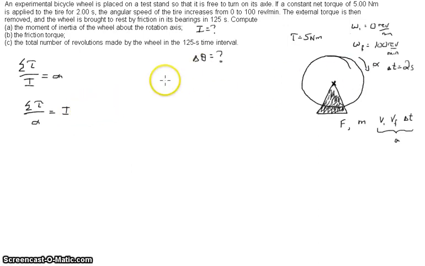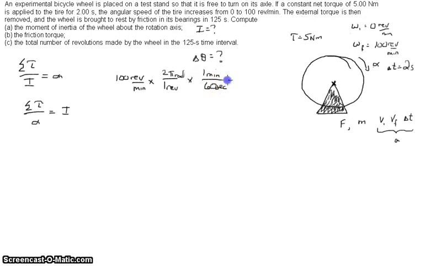Alright, so the first step here is to convert the 100 revolutions per minute into a radian value. So I'm going to have 1 revolution over 2 pi radians, 1 minute over 60 seconds.